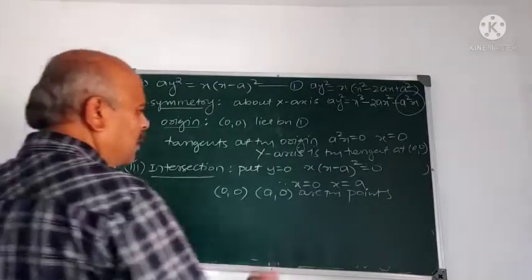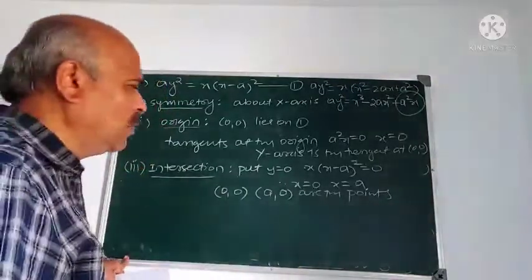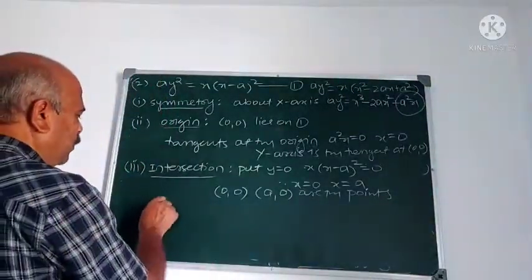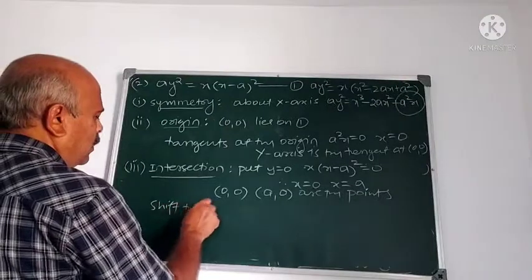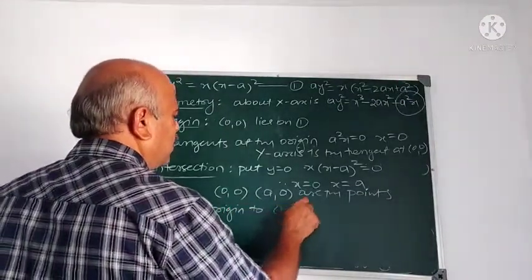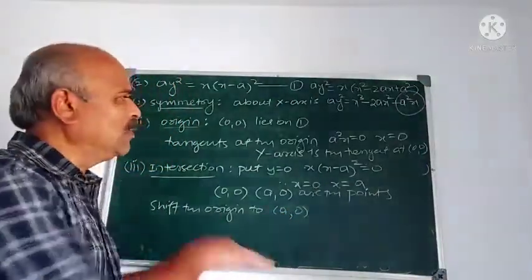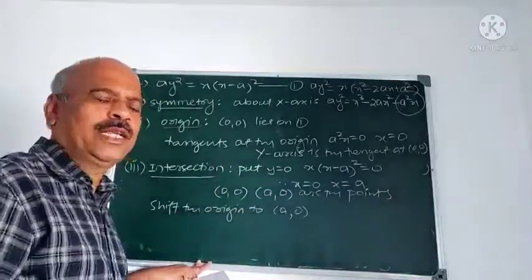Now, see, this is the point (a, 0). We shift the origin to (a, 0). You have studied shifting of origin. We shift the origin to a new point (h, k).